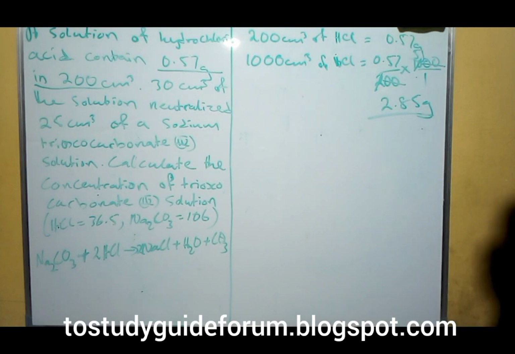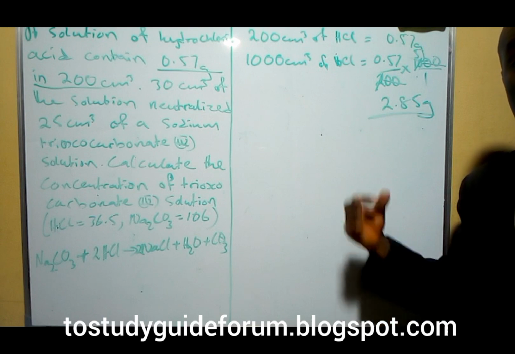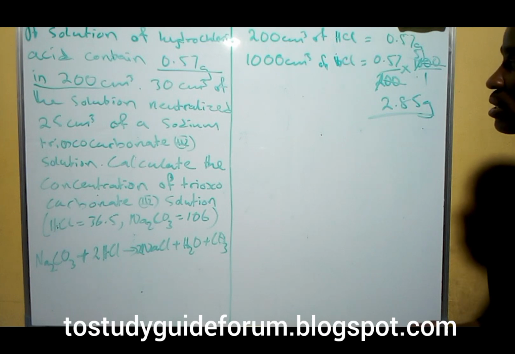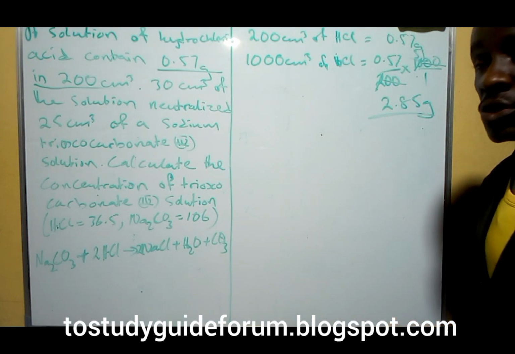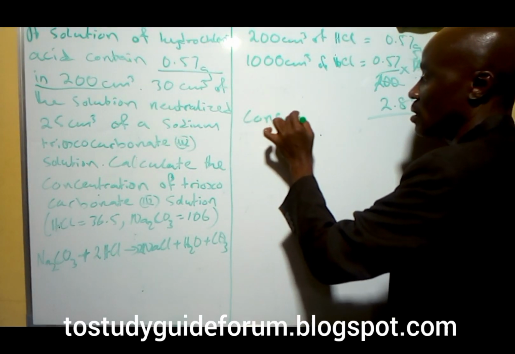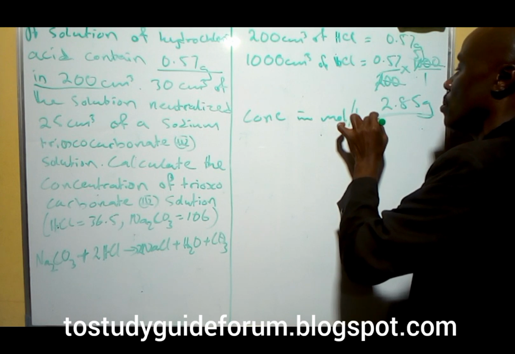Is that okay? Most often we use liter or dm cube as a standard of measurement. Because we have it now, the next thing we're going to do is to get the concentration of the acid in mole per dm cube.